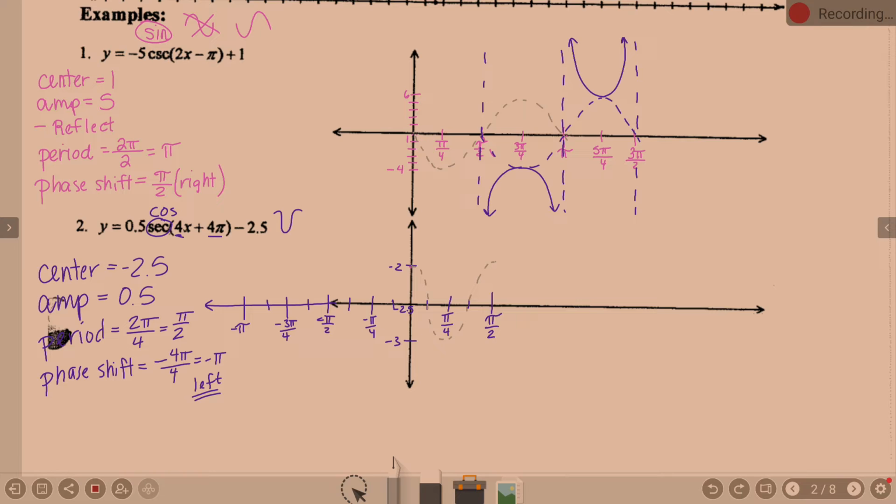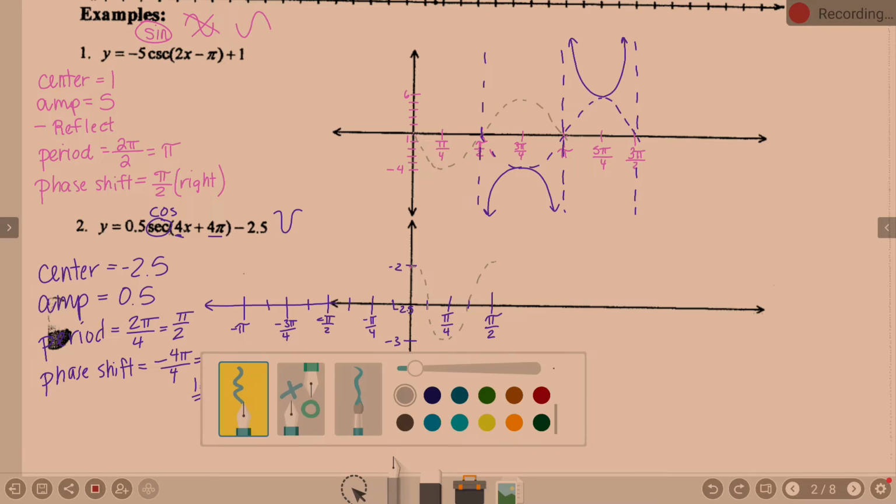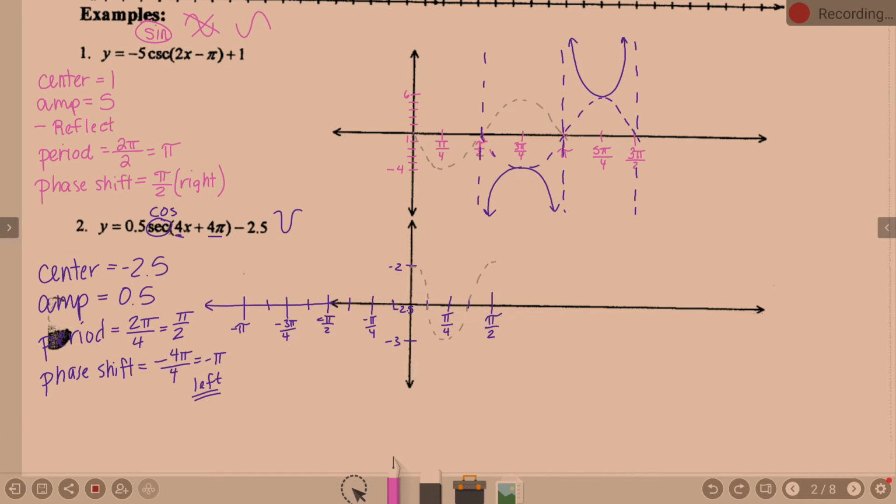Does that make sense? Because right now it's from 0 to pi over 2. So it can't be any longer than that. If I'm taking my left piece all the way down to negative pi, well, what is pi to the left of pi over 2? And that is negative pi over 2.